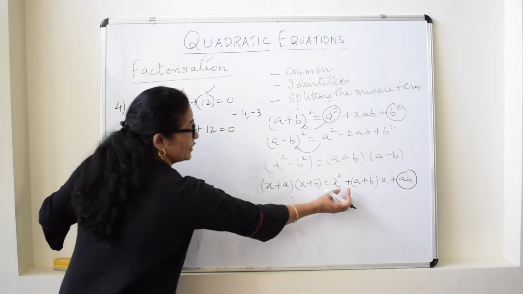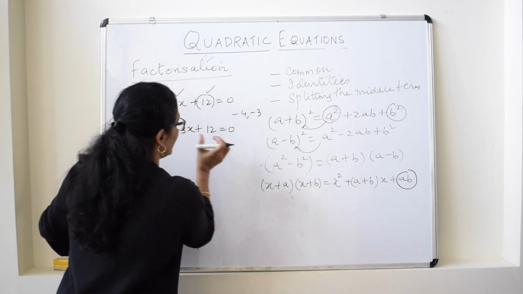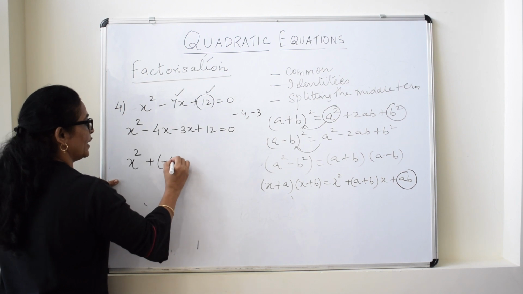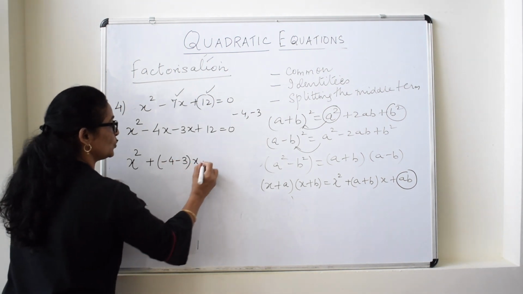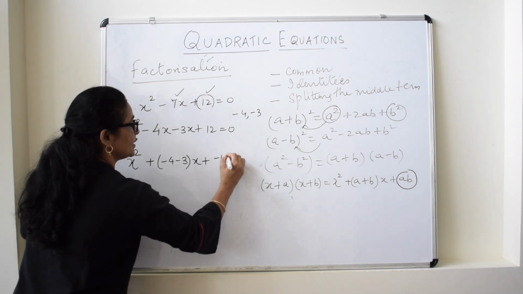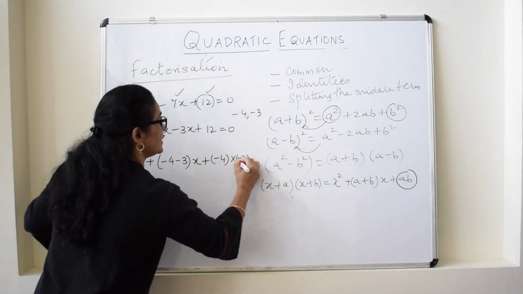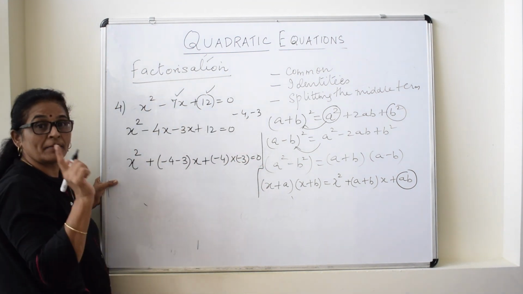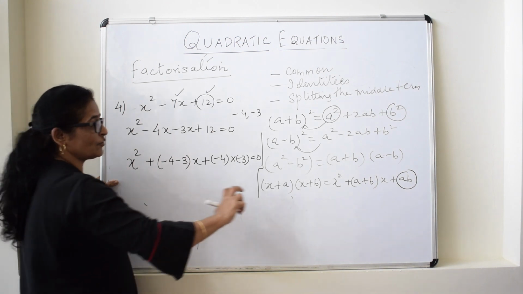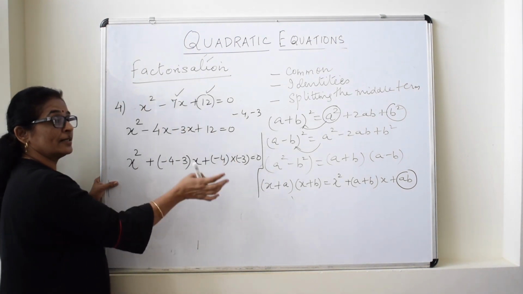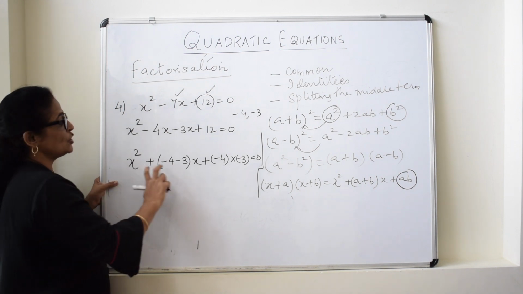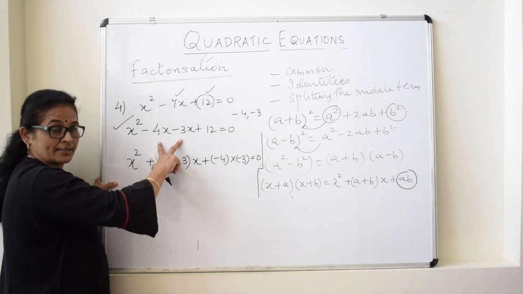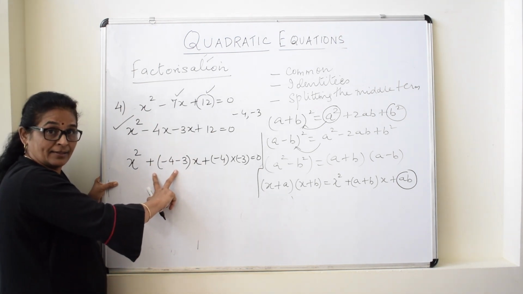But if I am interested to do it the other way, I will write minus 4 minus 3 into x and plus minus 4 into minus 3. I have chosen a and b as minus 4 and minus 3. That's why I said this fourth identity and splitting the middle term are more or less the same. If you are solving it by splitting the middle term, you will write it like this. If you are directly using the identity, we will write like this.